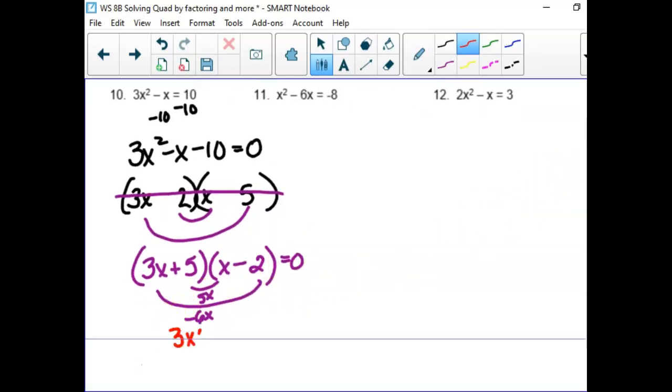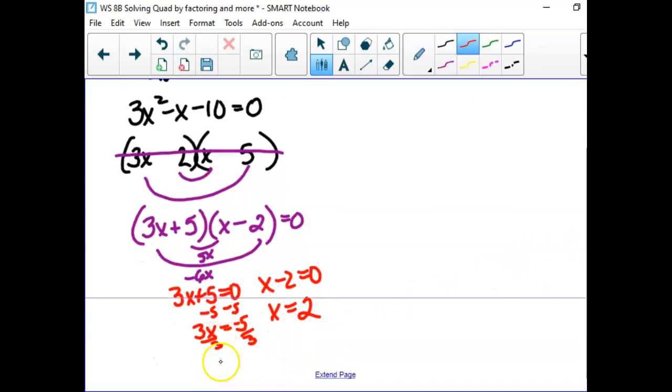You have to say this quantity could equal 0, or this quantity could equal 0. So 2 is 1, but what happens here? I hope you won't need to show all this work eventually, but we get -5/3 and +2 are the 2 solutions. Did someone else get that, or did I lose a brain cell somewhere? Okay.